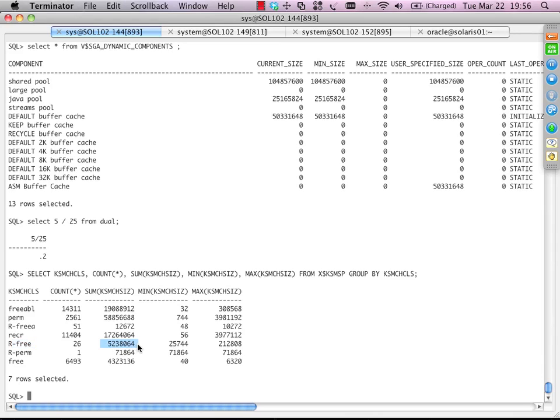Yes, the total is about 5 megabytes. But this 5 megabytes is split into 25 or 26 different physical regions. Therefore, the biggest continuous free chunk in this area is also only 200 kilobytes. So this is another limitation which I deliberately engineered here.